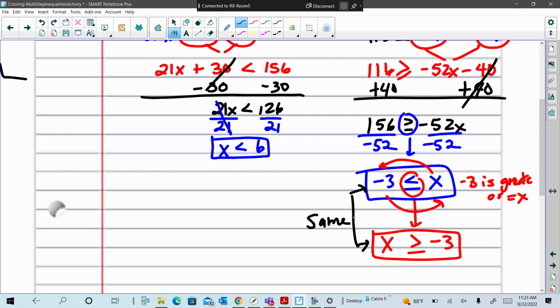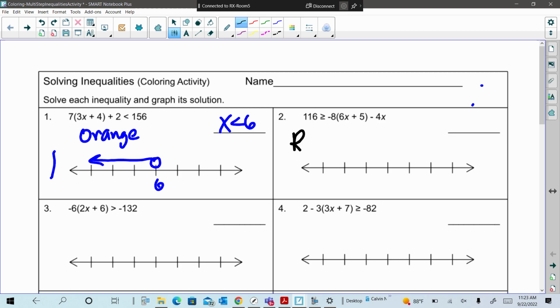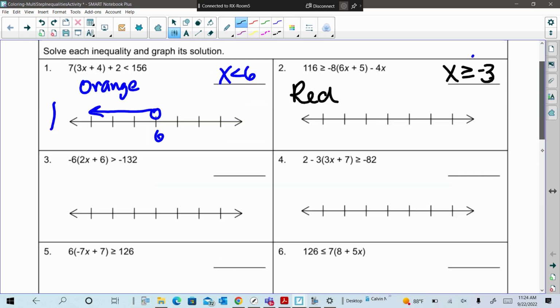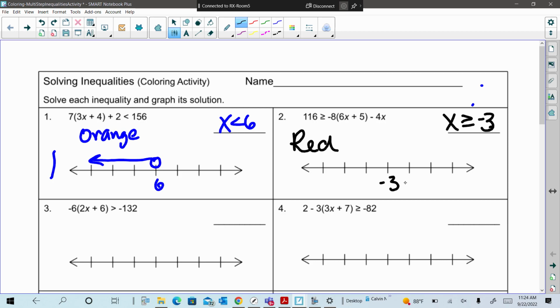If you flip the numbers around, because symmetric means you can switch it, you just have to flip the symbol as well. So now you can see which answer on the bottom this is. X was greater than or equal to negative 3, and it was red down here. Yep, there it is. And then we put a negative 3 on the number line, with a closed circle, and it's pointing to the right.